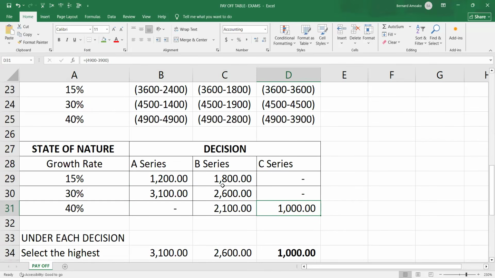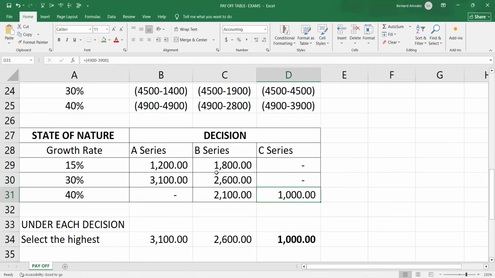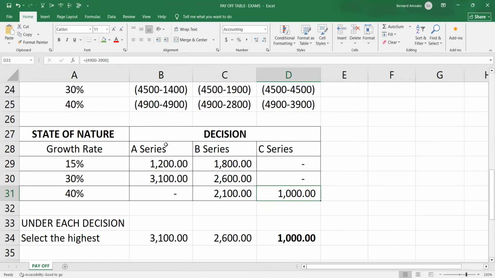Now, from this regret table, I am supposed to do what we call the minimax. So, in minimax, the maximum comes first. Then you now select the lowest of the maximum. So, under A series, what is the maximum? 3,100. Under B series, what is the maximum? 2,600. And under C series, where we have 0, 0, 1,000, the maximum will be 1,000.